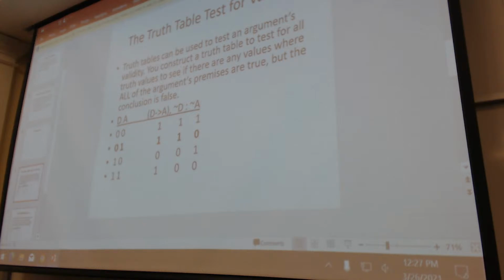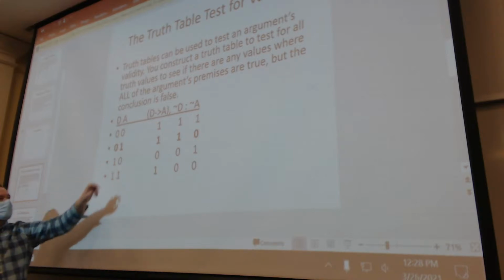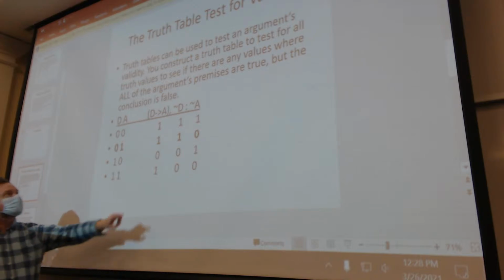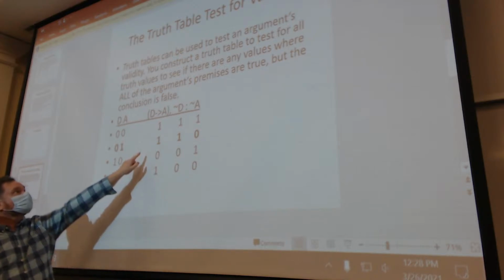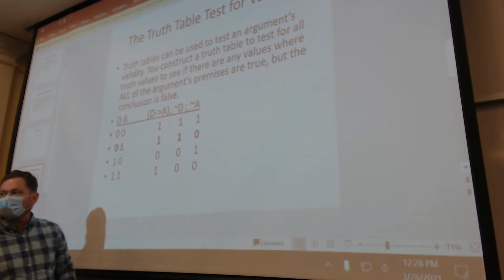So here's a very simple argument with a very simple truth table. If D, then A; not D; therefore not A. If you look at the second set of truth values where D is false and A is true, you get the arrow statement true, you get the not D true, but you get the not A false.